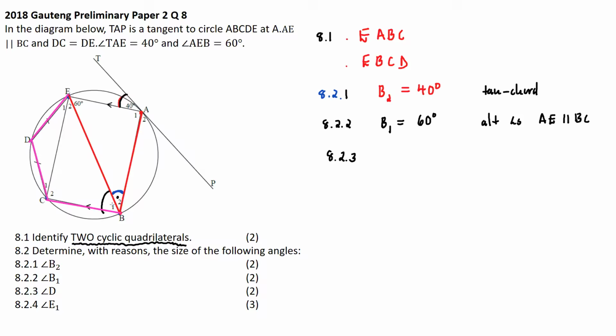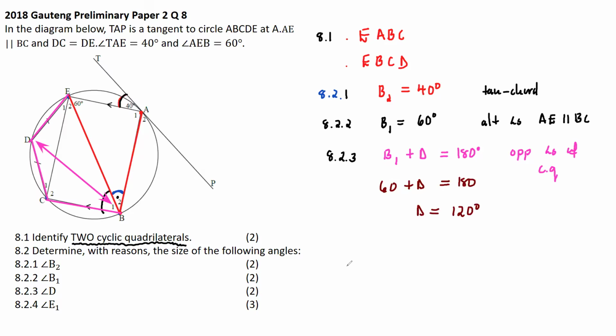It means B1 and D, when added together, should give you 180, because of opposite angles of a cyclic quad. I'll just write CQ, but guys in the exam, just write cyclic quad. B1 is 60, the rest is maths. D, I think D would be 120. That's my D right there.